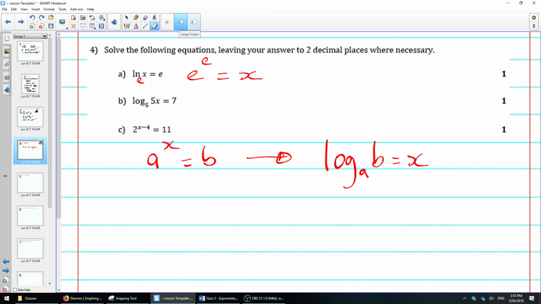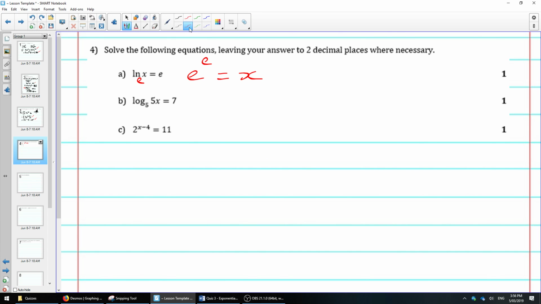Basically, remember the whole point of logarithms is for us to write exponentials in a different form, which makes it easier to solve. What we did here is the opposite. Solving that in logarithmic form is incredibly hard, but we're trying to find x, and the way you solve equations is to get x as the subject.